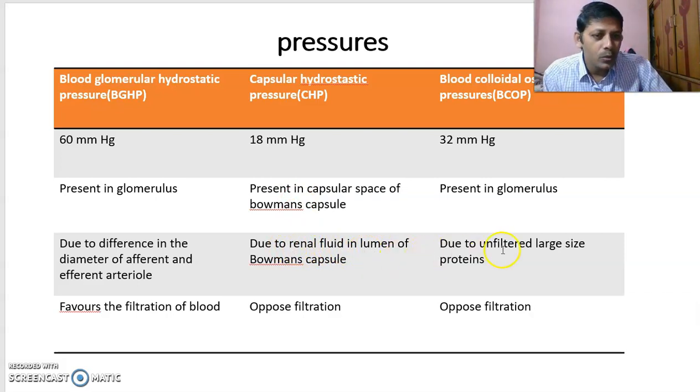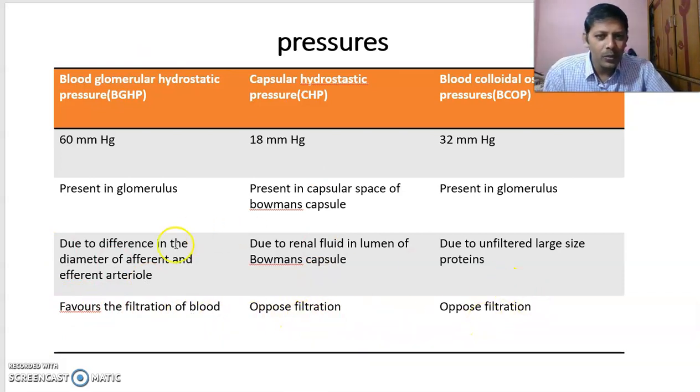Next, this is due to unfiltered large plasma proteins. I told you large plasma proteins do not filter, and they also cause pressure. That is the colloid osmotic pressure of plasma proteins. This one favors the filtration; this one opposes the filtration.